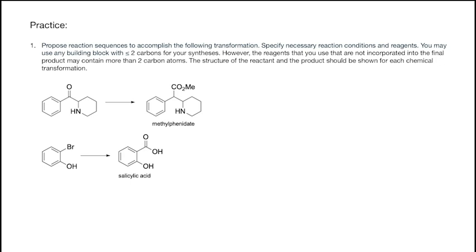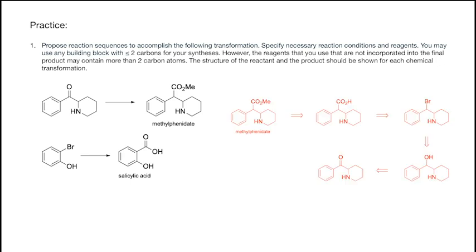Taking one step back from the product, we recognize that the methyl ester group could be derived from a carboxylic acid. The carbon of this carboxylic acid corresponds to the site where the carbon-carbon bond forms. To generate the carboxylic acid, we can start with a Grignard reagent, which reacts with carbon dioxide to produce the acid.